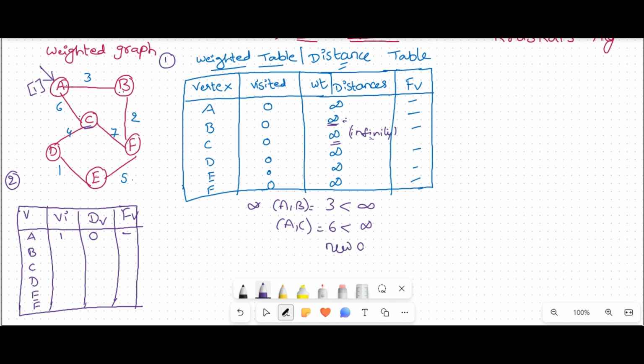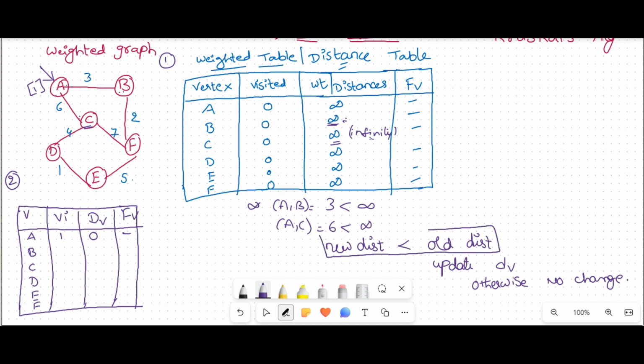That means the new distance is less than the old distance, so update the distance; otherwise, no change. This is very important: if the new distance is less than the old distance, then update the distance, otherwise no change.